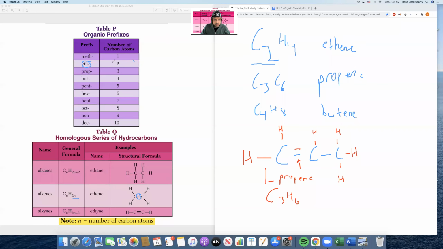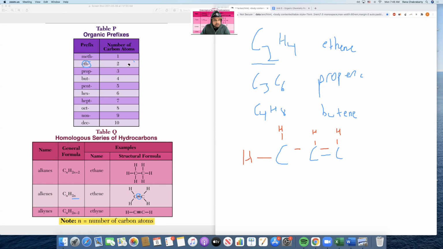And the reason why there's no 2-propene is that you could label these right to left and left to right. So if I were to put the double bond here, that's still 1-propene because you're counting the carbons from right to left and left to right. Just make sure it's accurate. So let me delete that.